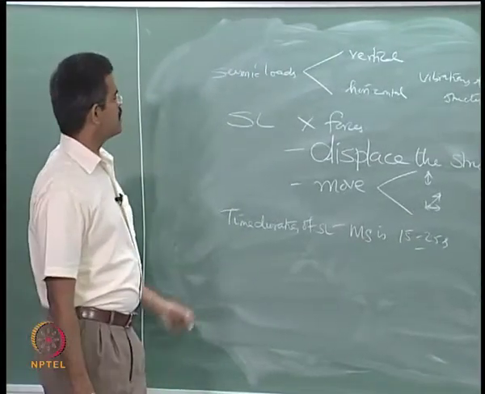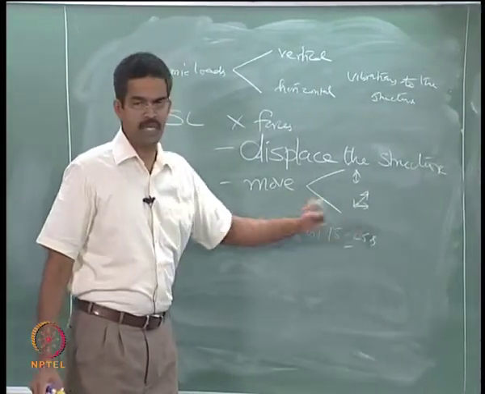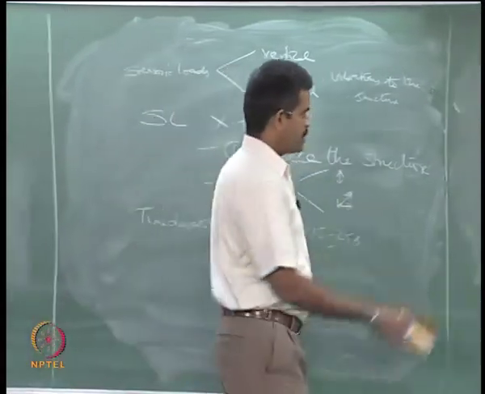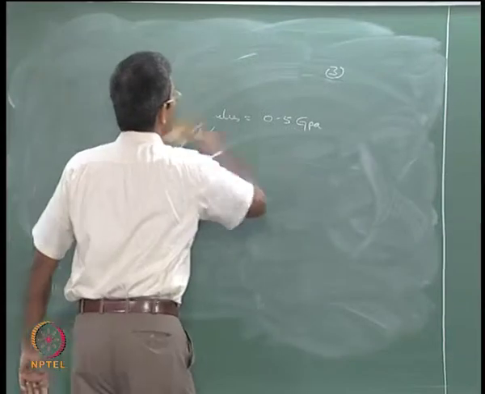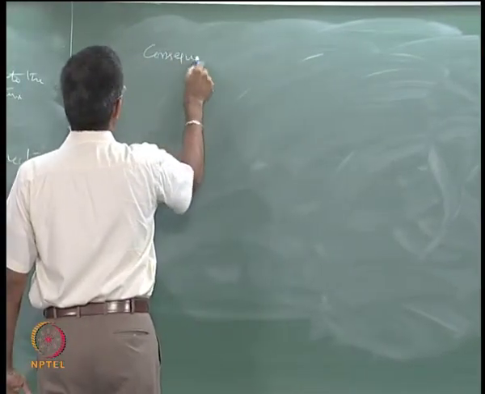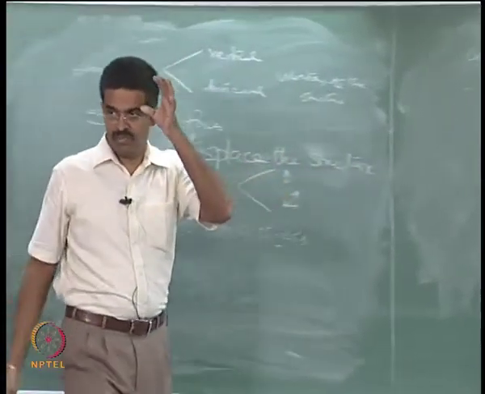So just now we saw that seismic loads can displace the structure in all the 3 principal degrees of freedom or principal axes, as a result of which the structure has the following consequences. What will happen to the structure?